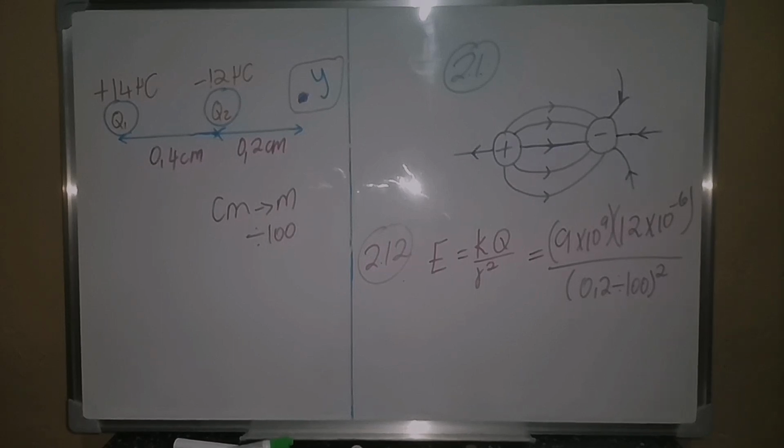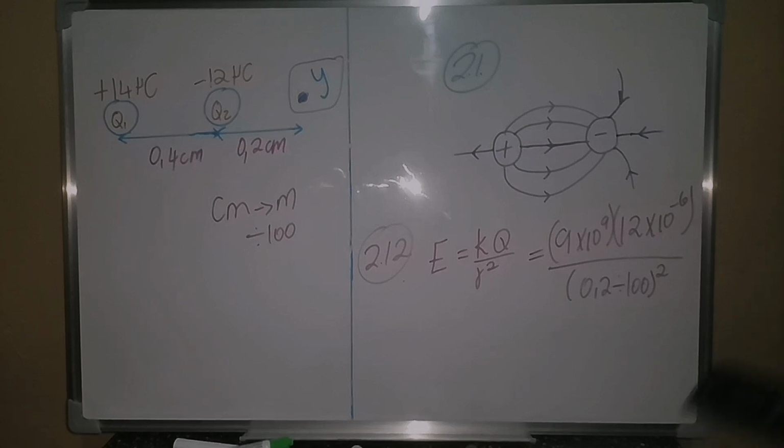Therefore, you press the calculator. 9 times 10 to the power 9, close bracket, 12 times 10 to the power negative 6, on the bottom 0.2 divided by 100, squared.